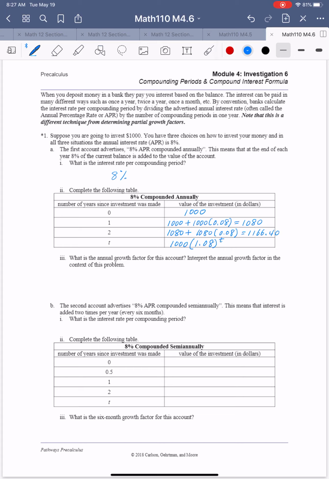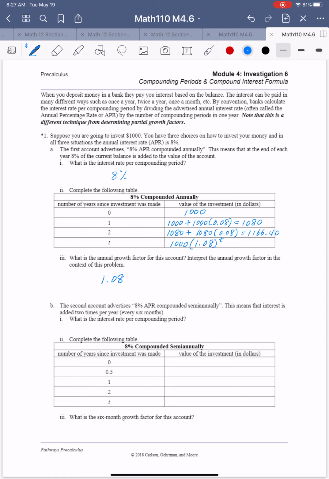Number 3, what is the annual growth factor for this account? It is 1.08. Then interpret the annual growth factor in the context of this problem. Because you still keep the 100% from the previous years.